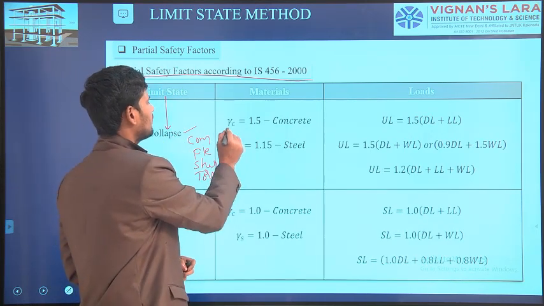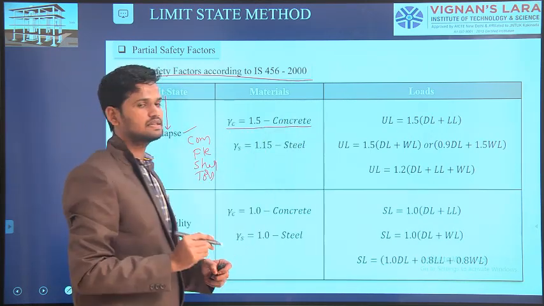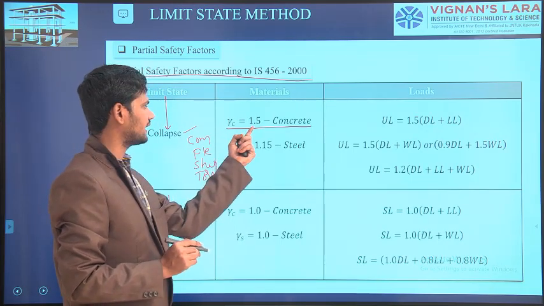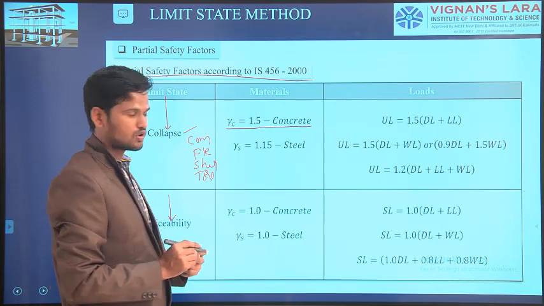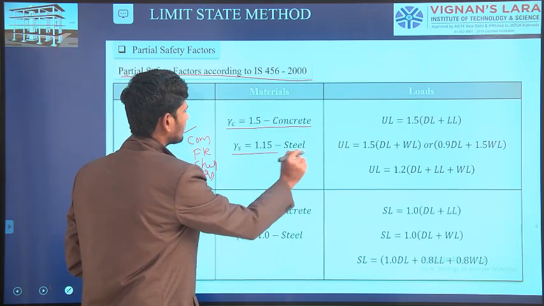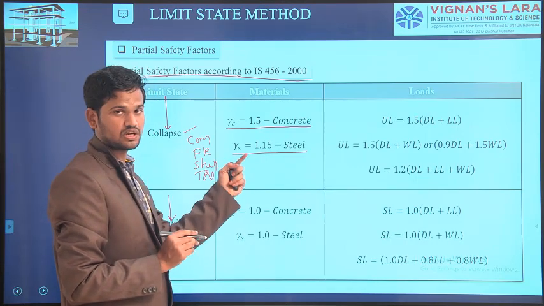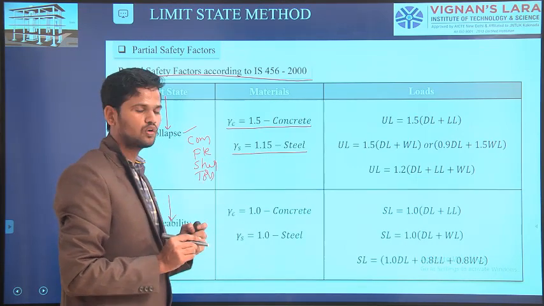If you see here, for concrete we are taking the partial safety factor as 1.5. For steel we are taking the partial safety factor as 1.15.